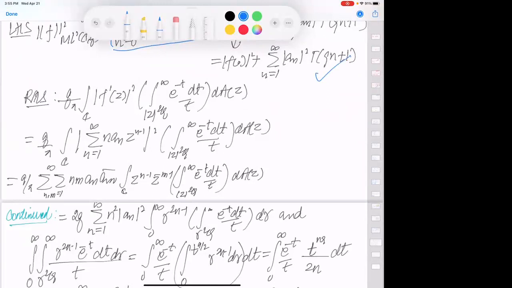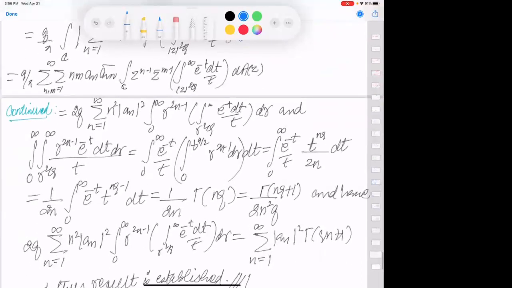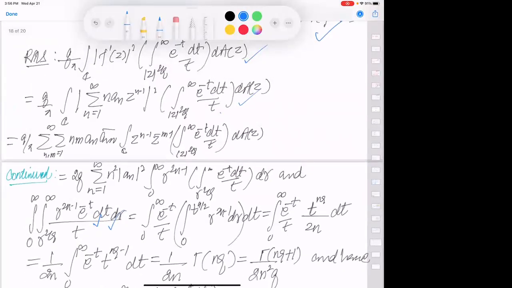Now talking about the right hand side, we have it like this. So |f'(z)|^2 will become the summation from 1 to infinity of n a_n z^(n-1), squared, and you still have this thing. Just continue with careful use of the Fubini theorem, and you will be able to interchange the order of the integration with respect to dt and dr. Make sure what t is; I think t is already discussed here.